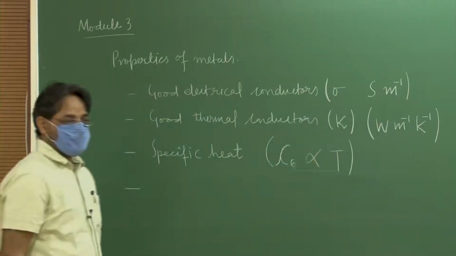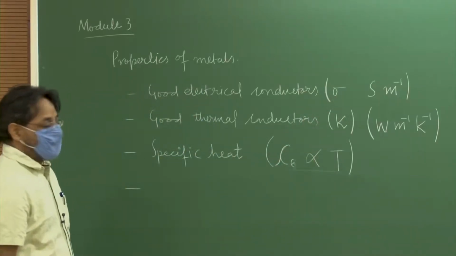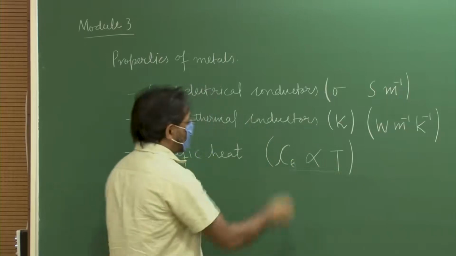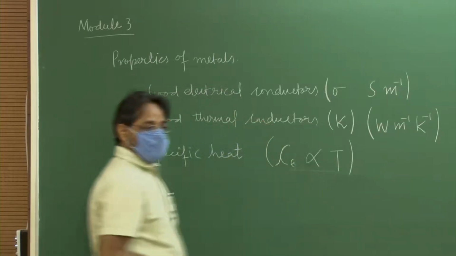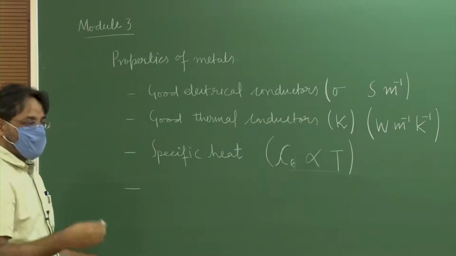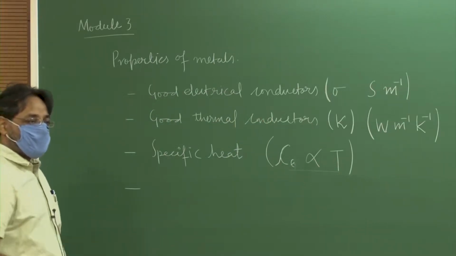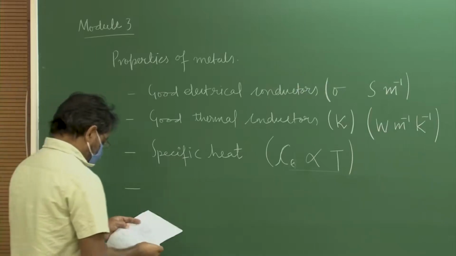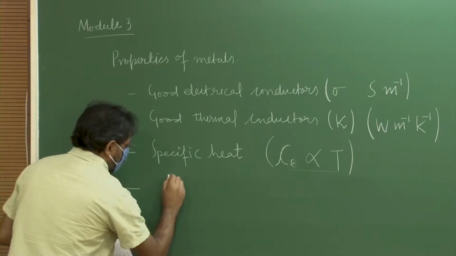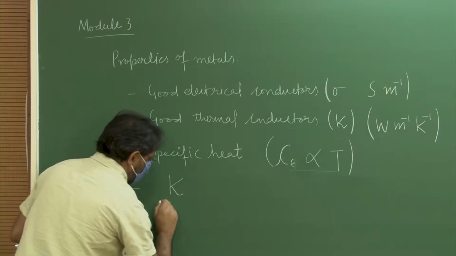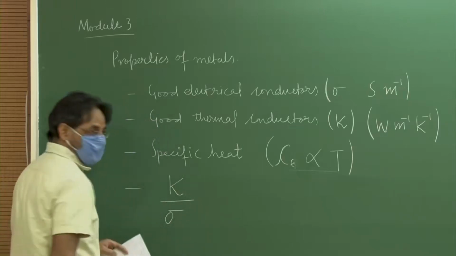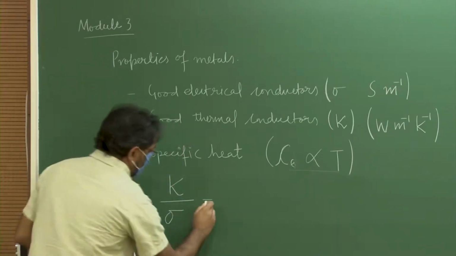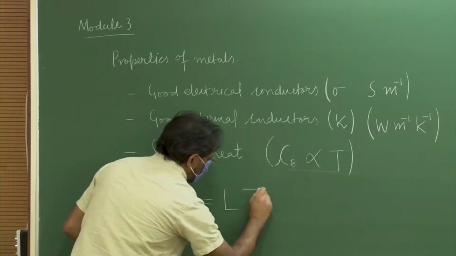They found a very strange connection between sigma and kappa. Today you may not see it as very strange, because the electrical conduction happens through conduction electrons, and the thermal conductivity is also through electrons, so you may envisage that there has to be some connection between the two. But in 1879, empirically, they derived a relation: kappa of a metal divided by its sigma is proportional to temperature, which means this is equal to some constant times temperature.